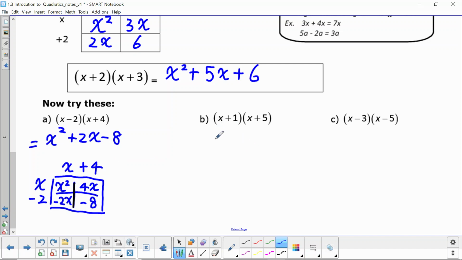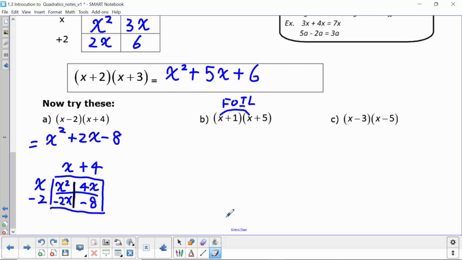And for the next one, I want to show you a different method called the distributive property, or the rainbow method of FOIL. So FOIL, F means first term times first term in the bracket if you have binomial times binomial.